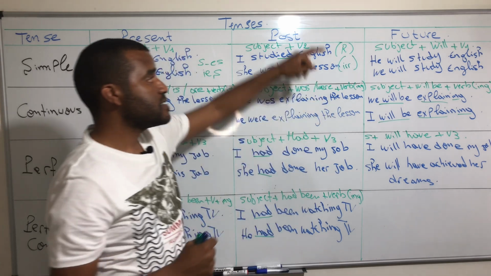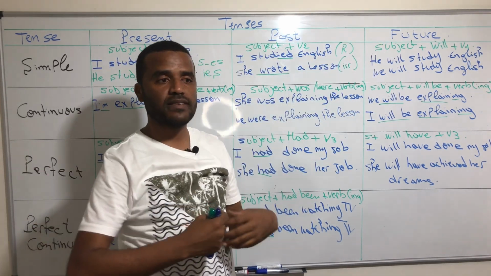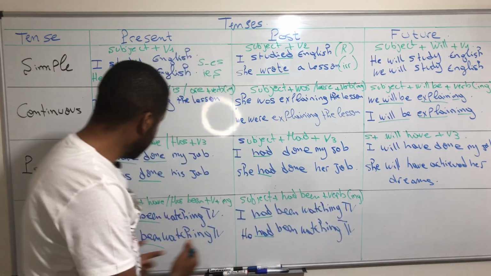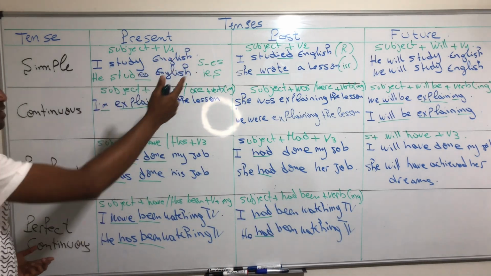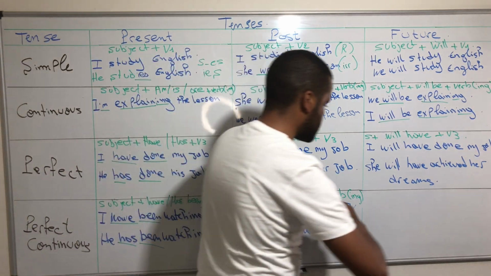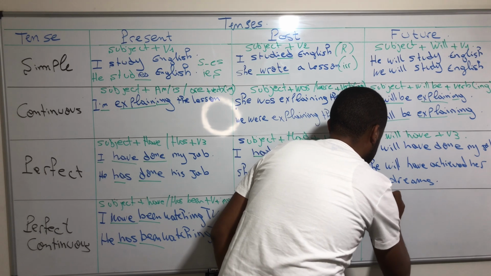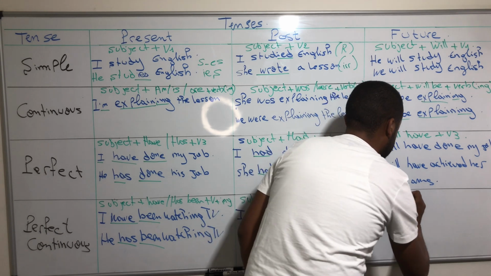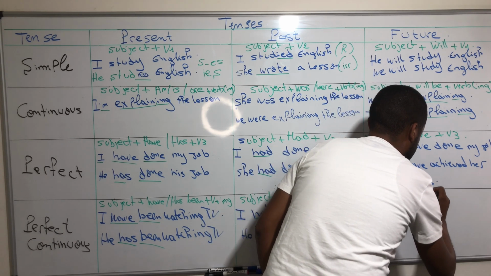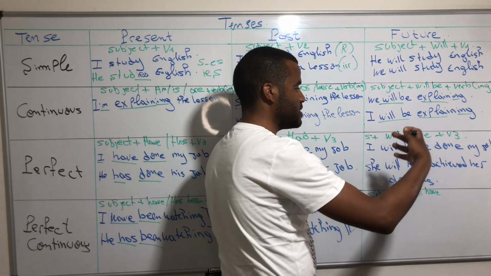Good. So concerning future perfect, how are we going to make a sentence in future perfect continuous? You need the subject plus will have been plus verb plus ing form. So we can say I will have been doing something.